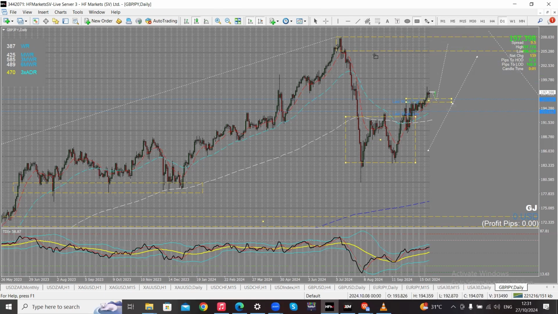We are also currently in an area of resistance.